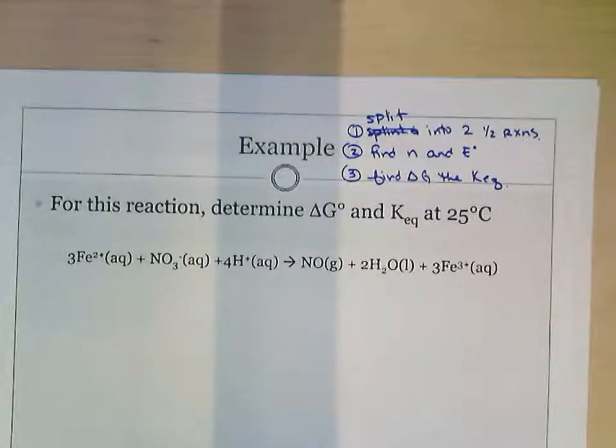So here's our equation. We need to first split into our two half reactions. Otherwise, we don't know number of moles of electrons. And we have to have it in two half reactions so that we can find our E0. So once we've done those parts, then we can use that E0 to find G and KEQ.